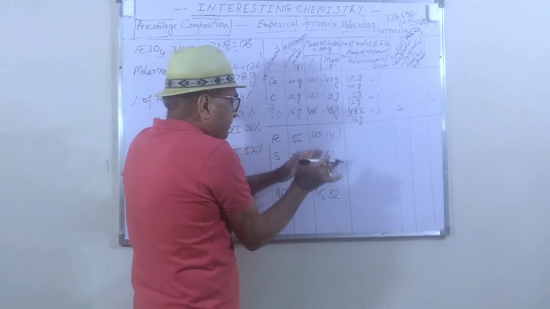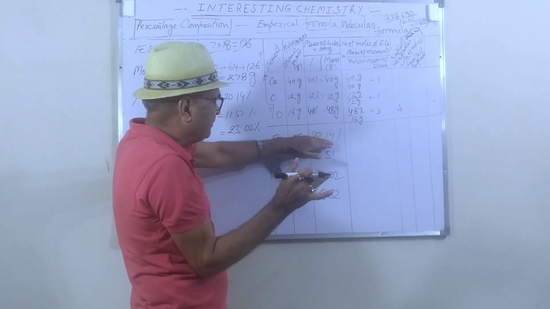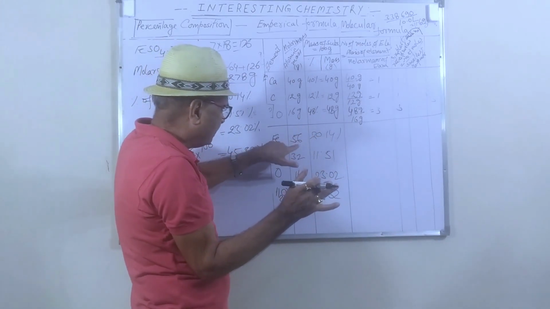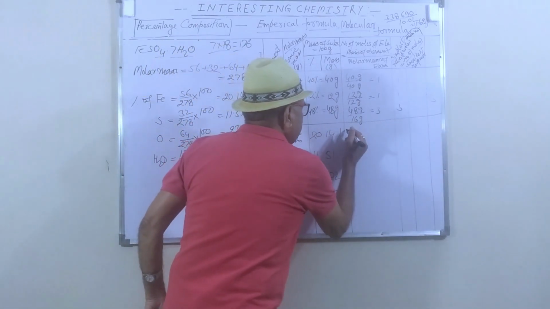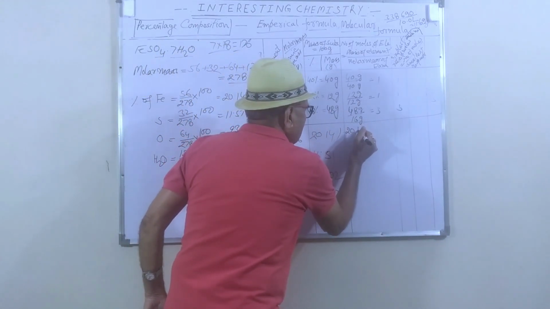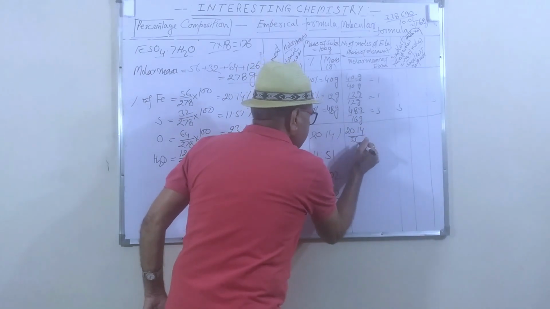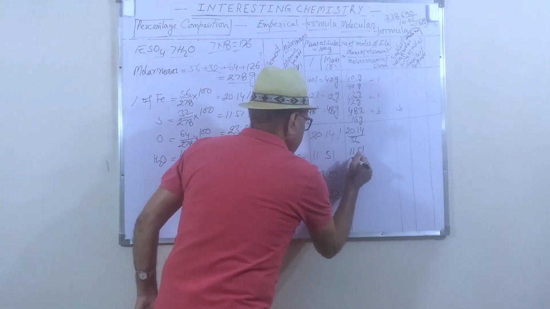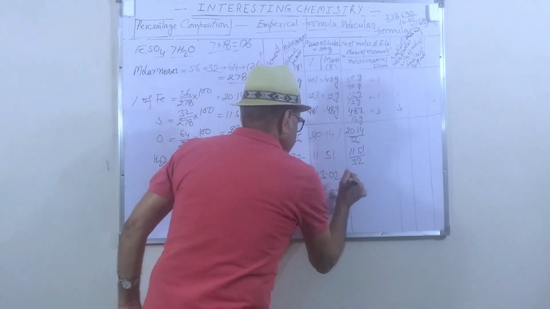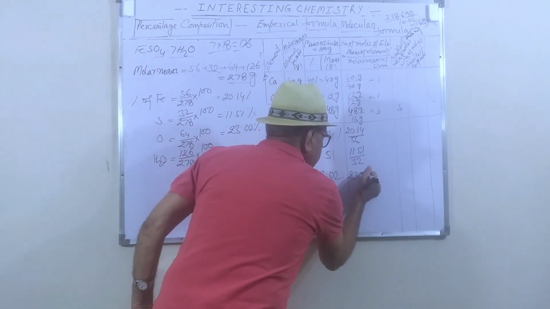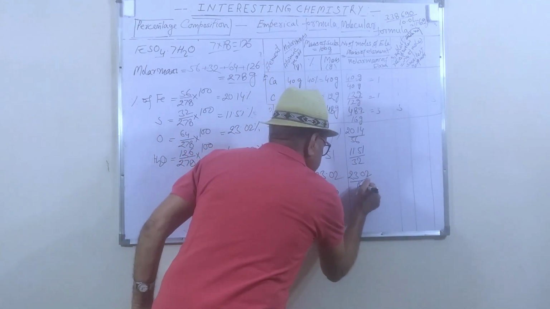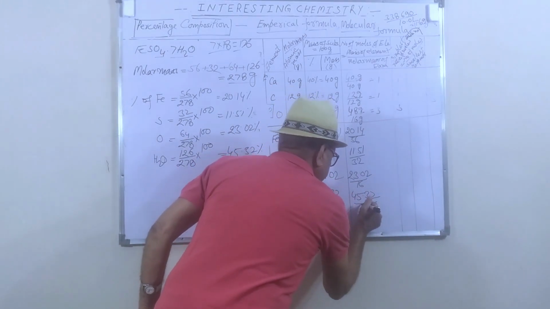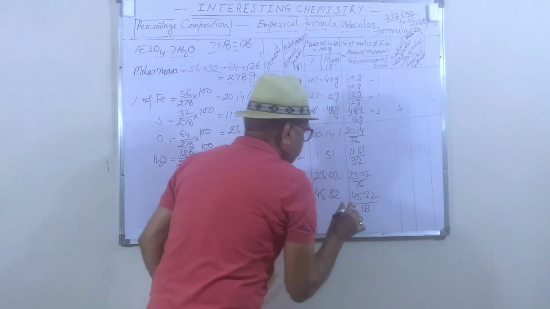The main thing is the percentage should be divided by the molar mass of the element. So you will write here 20.14 upon 56, here 11.51 upon 32, here 23.02 upon 16, and 45.32 divided by 18.